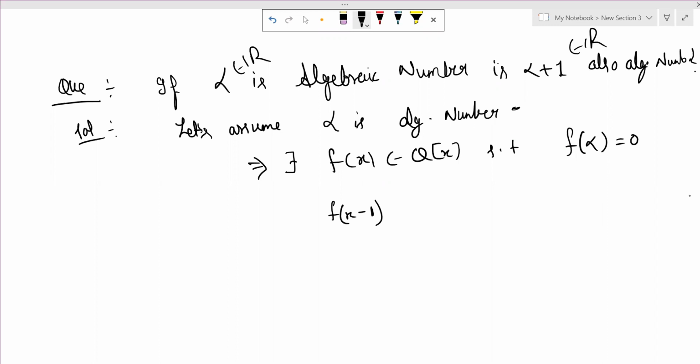Let's check how you will say. The polynomial given to you is, let f(x) equal x square plus 1.